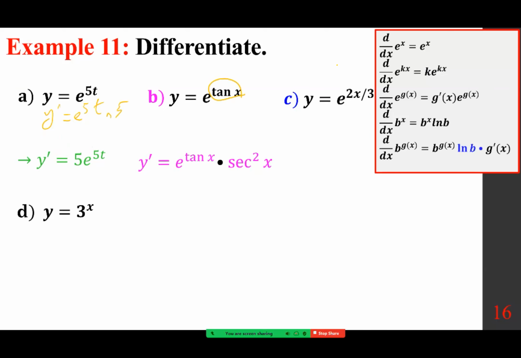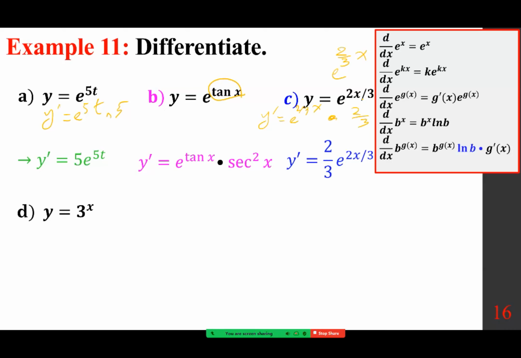This one, I'm going to write it as e to the power of 2/3 x, so it becomes clear that y prime is e to the power of 2/3 x times 2/3. Okay, I want to make sure that you see what we are dealing with.